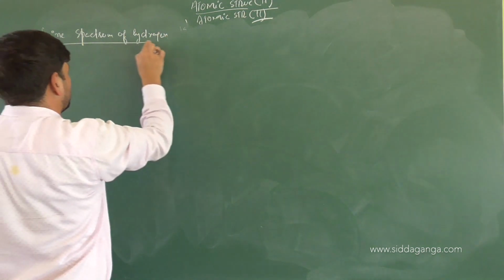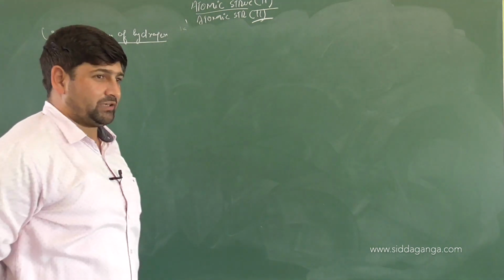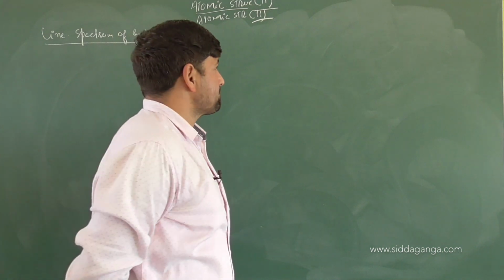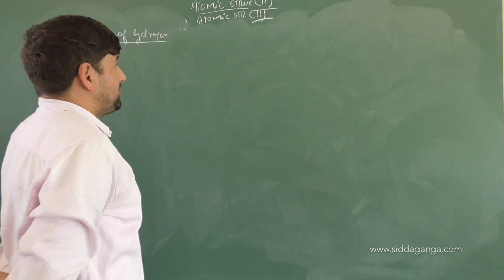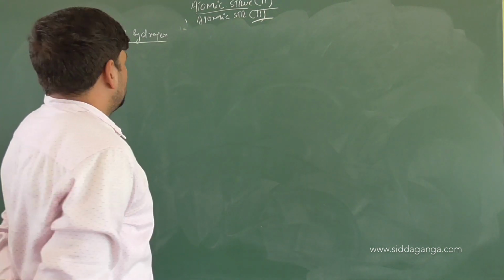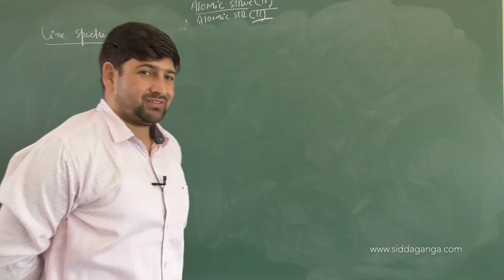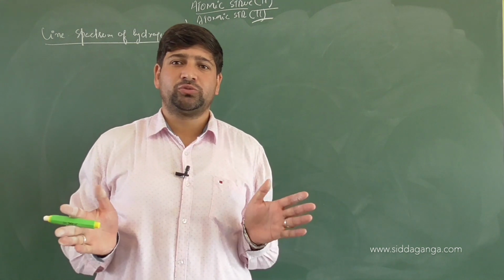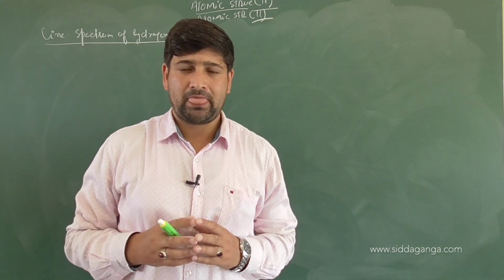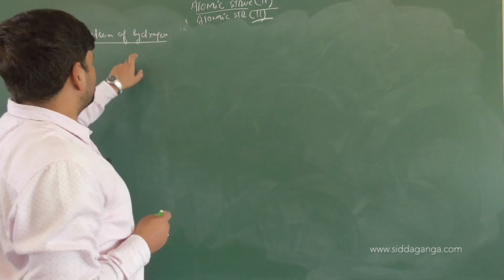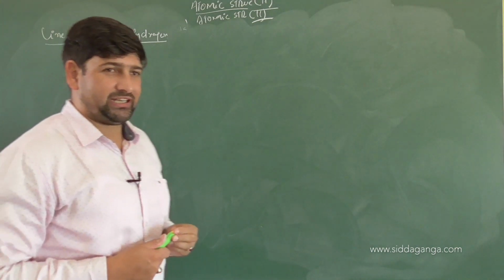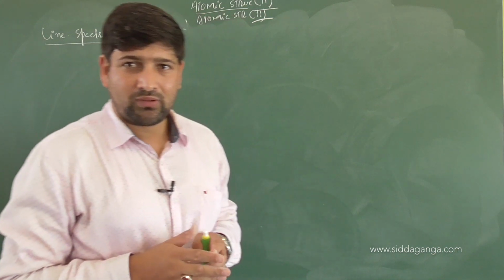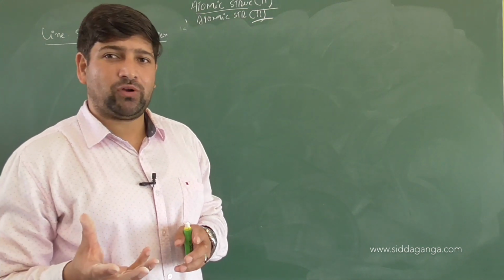Last time I told you what is meant by spectrum, and we discussed emission and absorption spectrum. So, the hydrogen atom shows the emission of radiations in different zones of the electromagnetic spectrum. Balmer was the first one to work on hydrogen, and he found the visible part of the spectrum obtained from the hydrogen atom.